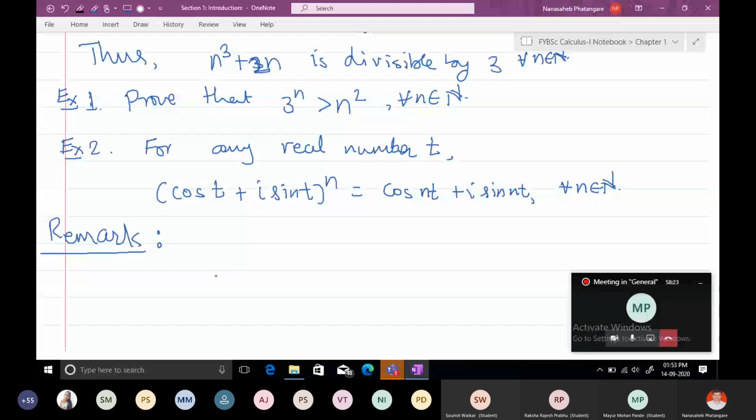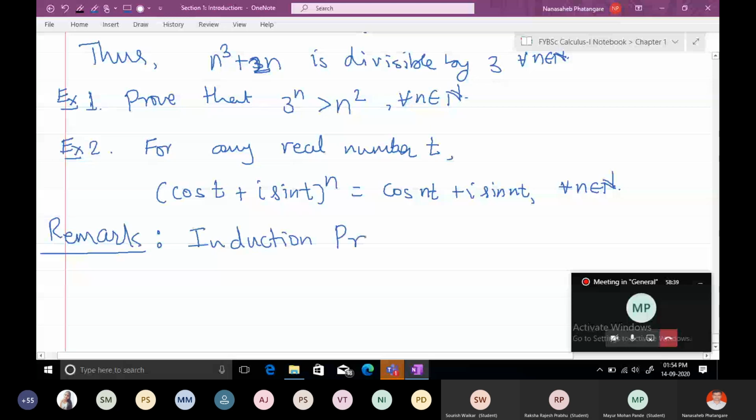So that, again, is a version of the principle of induction. The induction principle with arbitrary base case. Arbitrary base case means what?